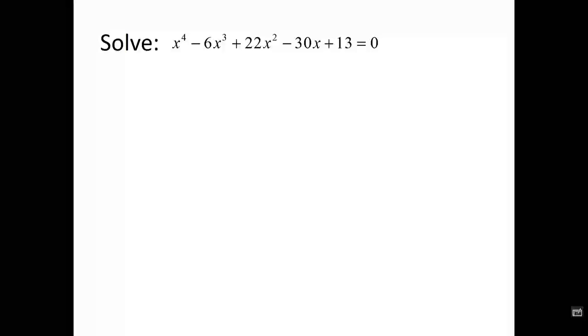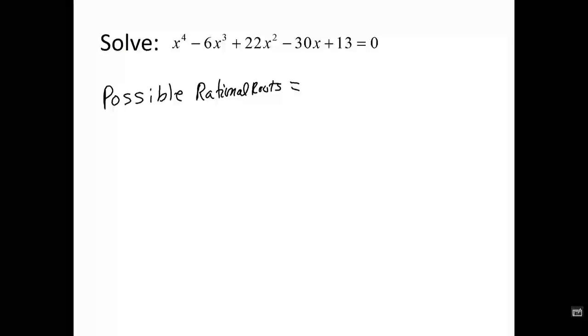So the possible rational roots can be found in the same manner as we found the rational zeros.